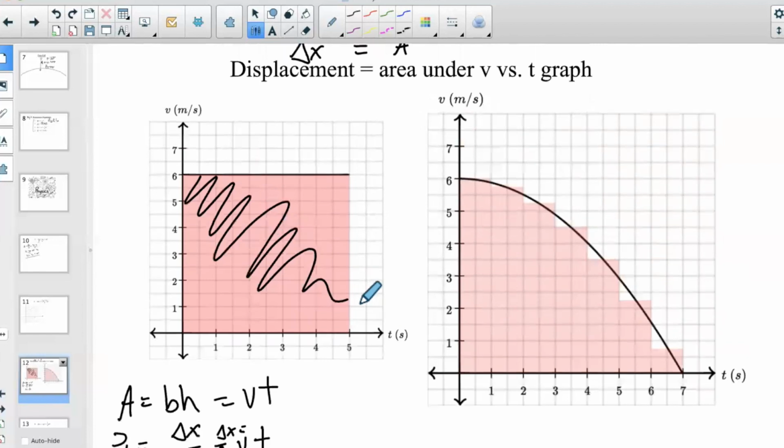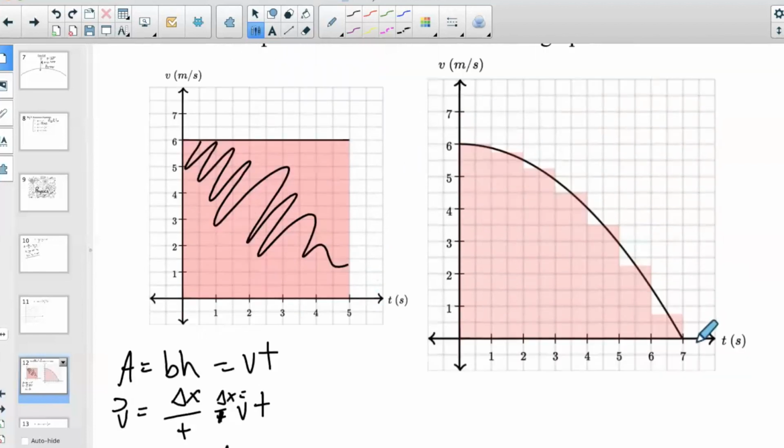But what about if I have non-constant velocity? What if I have some weird parabola-looking thing like that over here? Well, this kind of gets into some advanced mathematics, but if I put some rectangles under here, like these rectangles down here, I can try to get a good fit for what the area under the curve is. You can notice that this is a bit over, and this is under. This overestimates. This underestimates. And this is still a little off.